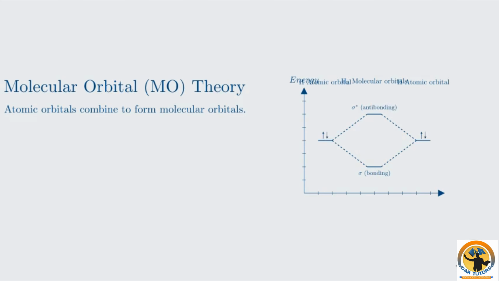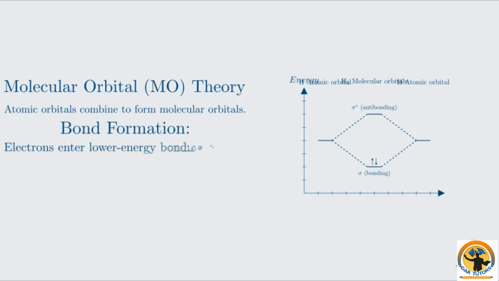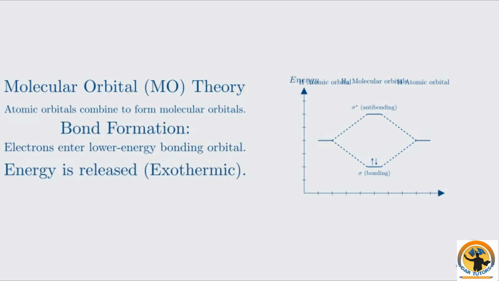For the H2 molecule, the two available electrons from the atomic orbitals fill the lower energy sigma bonding orbital. The higher energy sigma star antibonding orbital remains empty. When these electrons enter the lower energy bonding orbital, the molecule becomes more stable and energy is released. This release of energy is the bond energy.